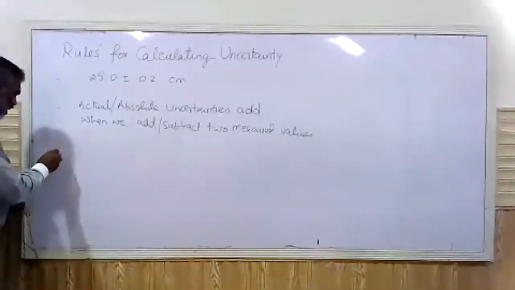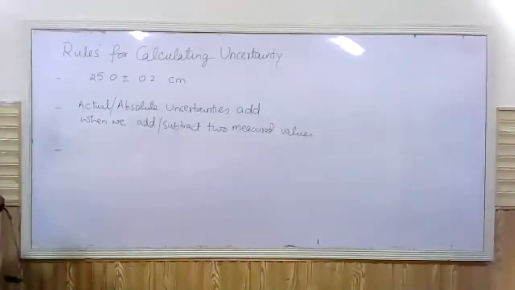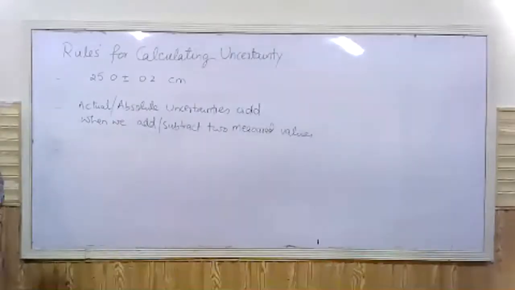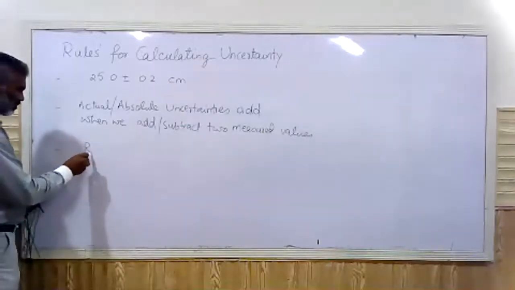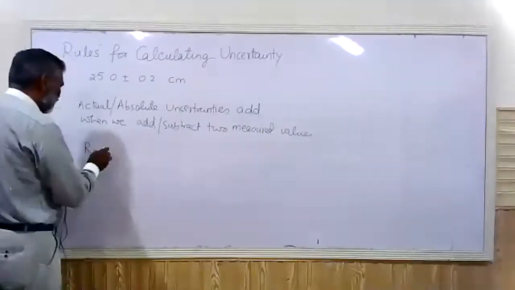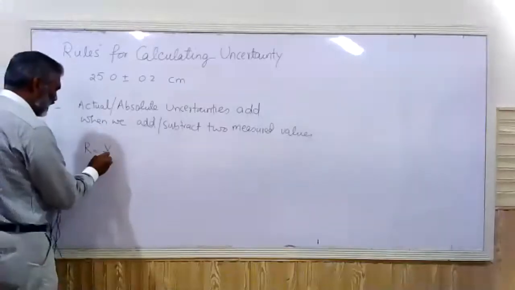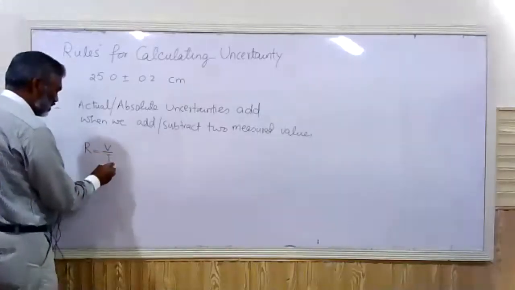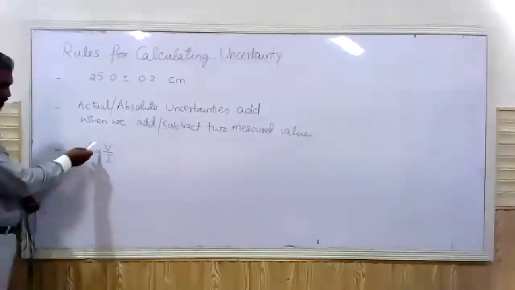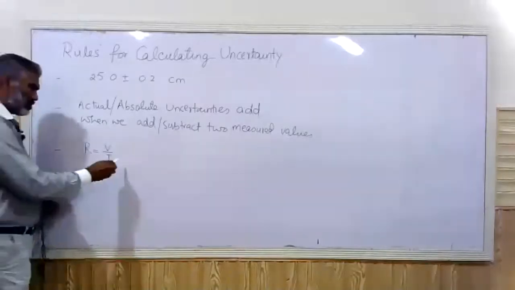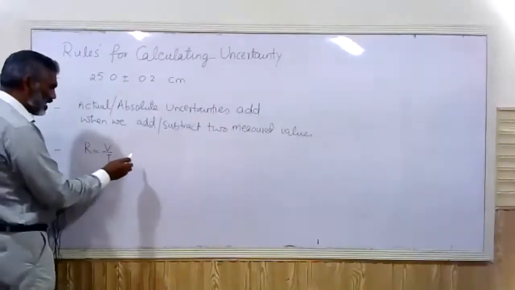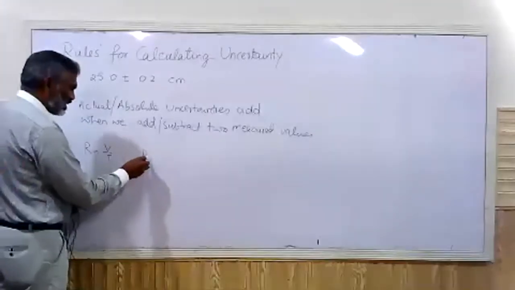Number 3 rule is that often there is a product or quotient of two quantities, like resistance is measured in terms of voltage and current. This is known as quotient of V and I. But sometimes V and I are used to calculate the power dissipated.